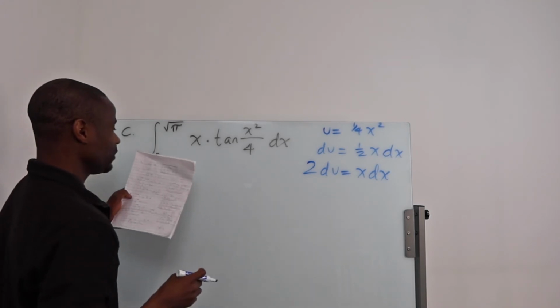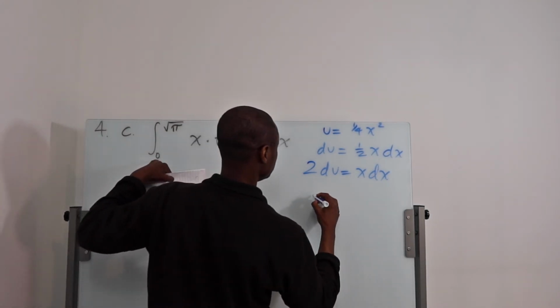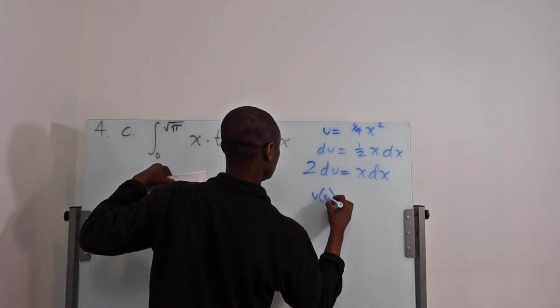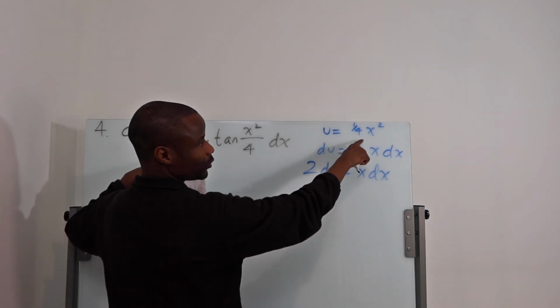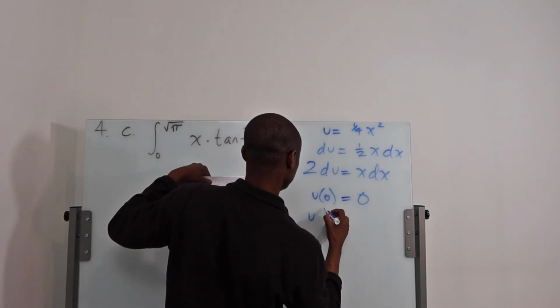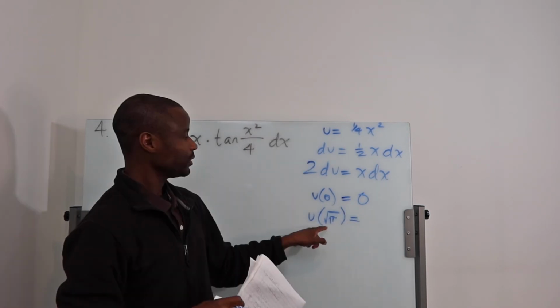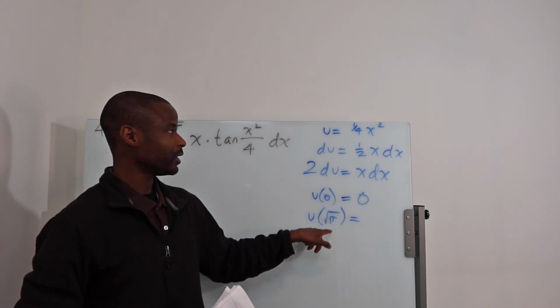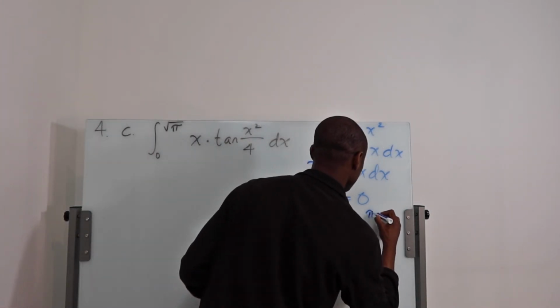Now, for our limits, let's figure those out. U of 0, so 1/4 of 0 squared is simply 0. What about u of radical pi? If I were to square the square root of pi, I get pi, then take 1/4 of that, that's just pi over 4.